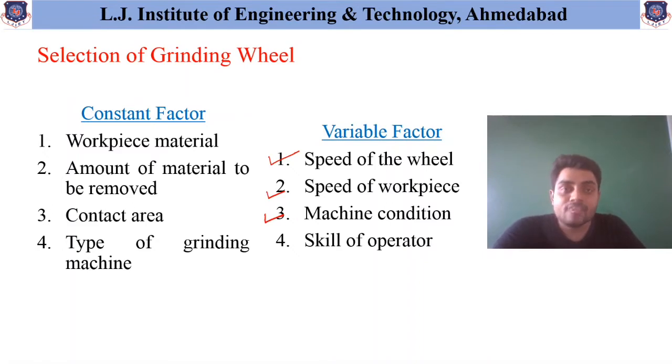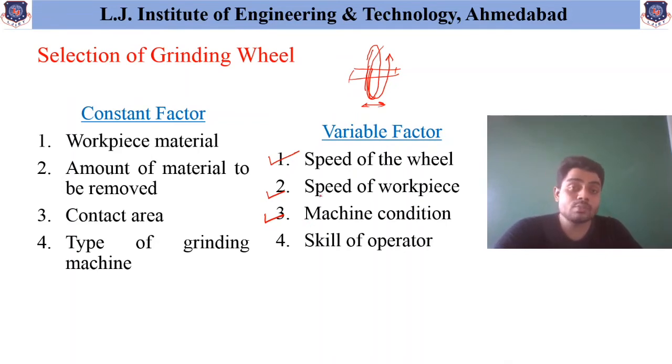That means whether the machine is fully operable or if there is any error or defect in the machine movement. Suppose the grinding wheel is attached at the center and needs to rotate about its axis. If the grinding wheel fluctuates or deviates from its original axis, it may result in variation of the surface finish.